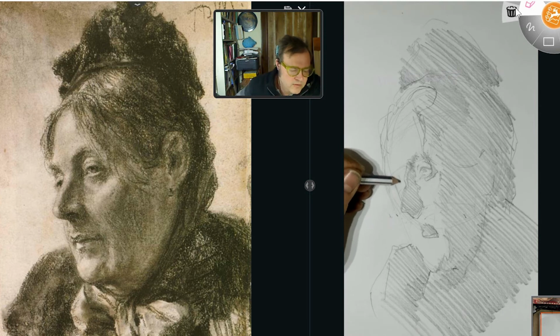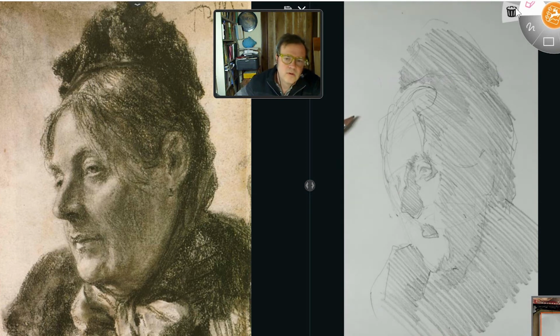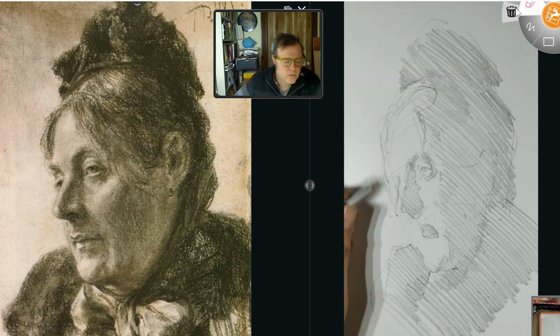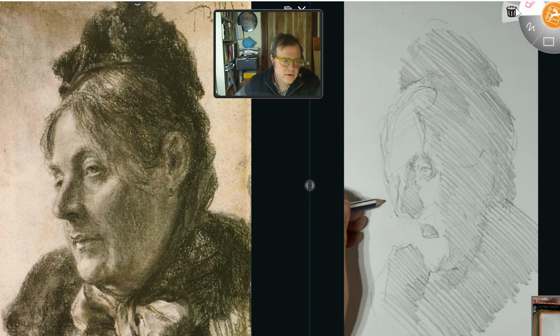And this contour is obviously really important. This is the contour of the nose, the outside contour, which we haven't drawn yet. This contour is only the shadow edge. So this is really important, but we don't want to go too dark on it because this is a light background and there's light on the nose, so we don't want to create a lot of unnecessary darkness along this edge.